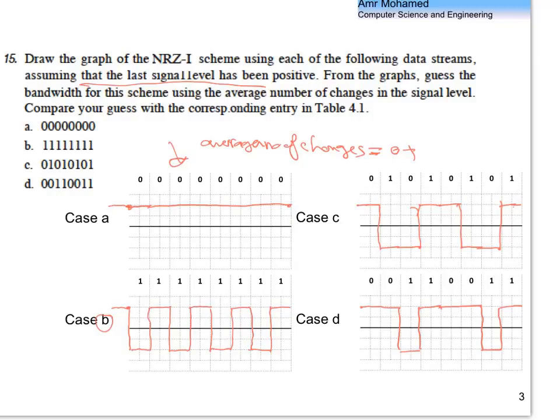So we have 8 changes. Plus, for case C, we have 1, 2, 3, 4. So it's 4. Plus, for case D, we have 1, 2, 3, 4. So again we have 4. So if we have 4 cases, the average is 8 plus 4 plus 4 divided by 4. So the average number of changes is 4.